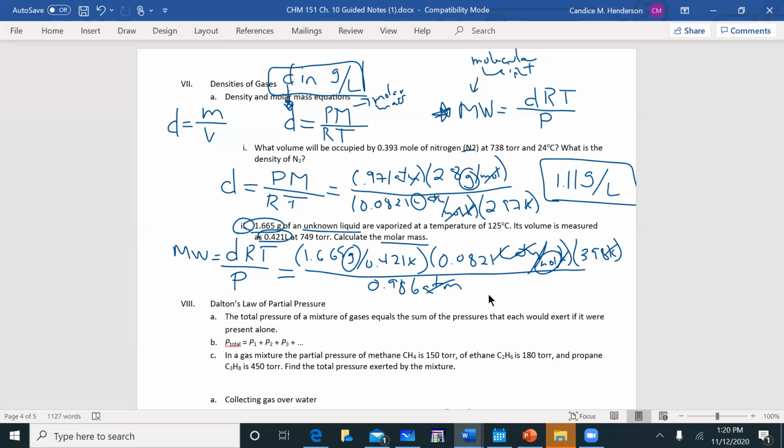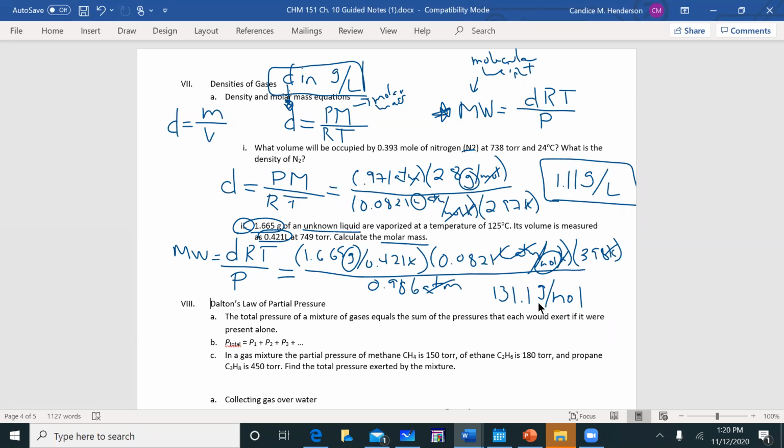In this case, we end up with 131.1, and the units are gram per mole.